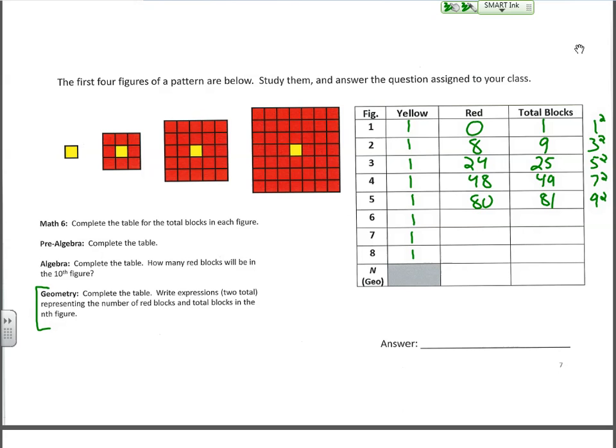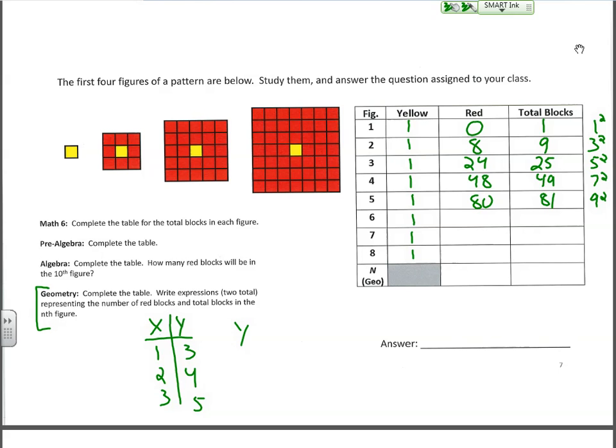So for example, if we had a pattern, let's use x and y, because it essentially is a function table here, where x was 1, y is 3, x is 2, y is 4, x is 3, y is 5. And I said, write an expression that will tell me what the output is, what the y value is for any given x value.